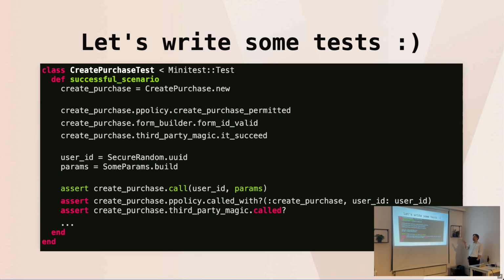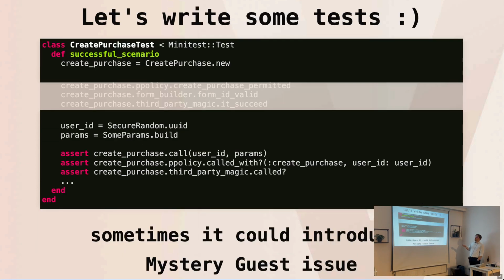As we saw, this is the default behavior. Our policies are built right now so that they are successful. So in theory, we could remove this part and make our test even smaller. But it's not always a good idea, because sometimes it introduces an issue called mystery guest.